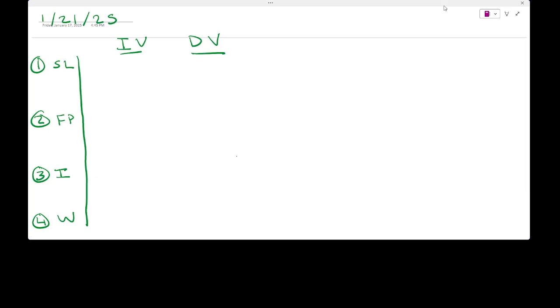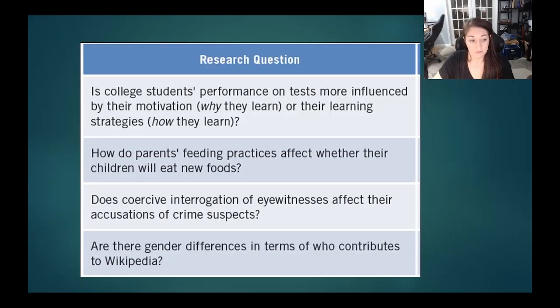So let's break down this for each of our examples here. In terms of our independent and dependent variables, for is college students' performance on tests more influenced by their motivation or their learning strategies? So back to this one. The independent variable, okay, which one, or how can I say what the researcher decided on in terms of the cause, in terms of what they're going to control in terms of variation?